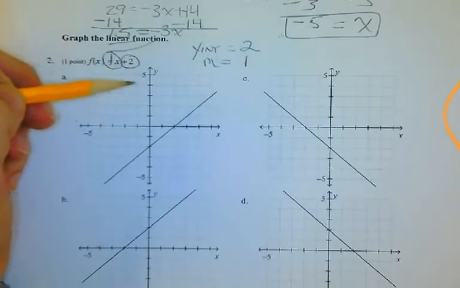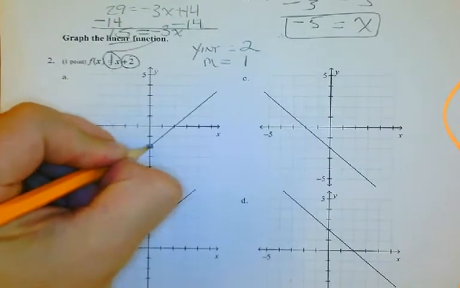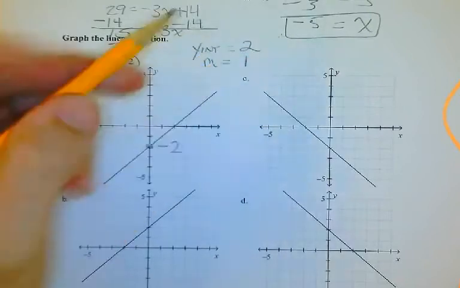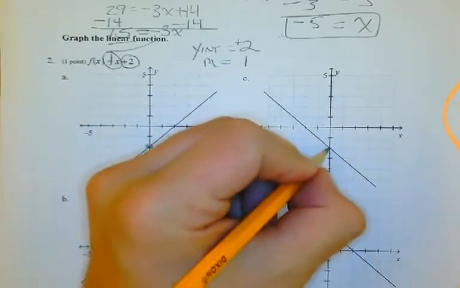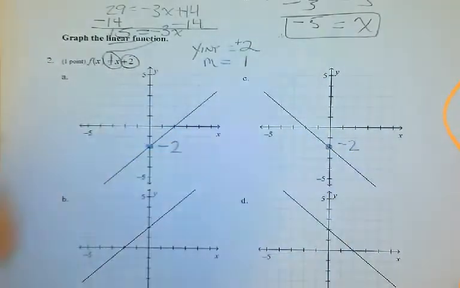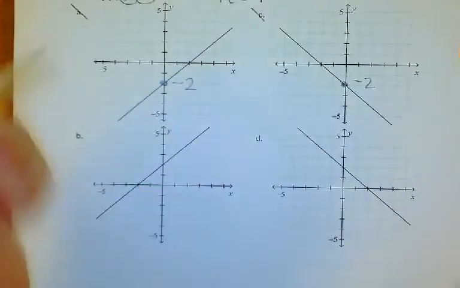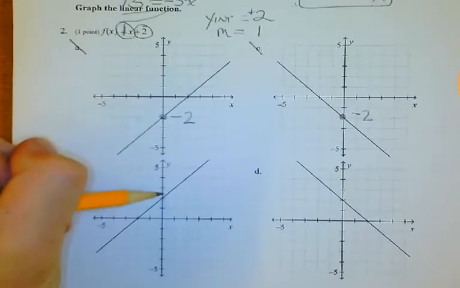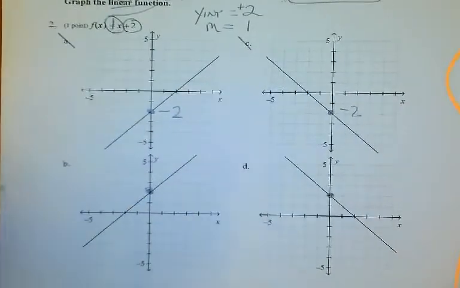So I'm going to look for my options. I see this option here is at negative 2. And I know that my y-intercept is positive 2. Down here again, I see my y-intercept is negative 2. So neither of these answers can be true for me. When I look at this, I see that I'm at positive 2. And I'm at positive 2. Both of these seem like they could work.